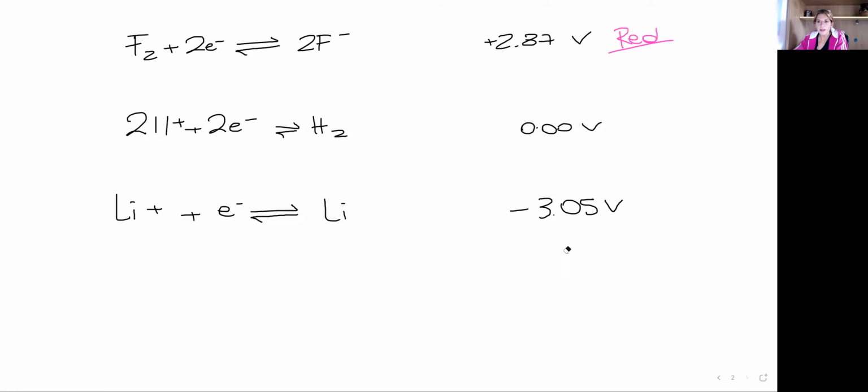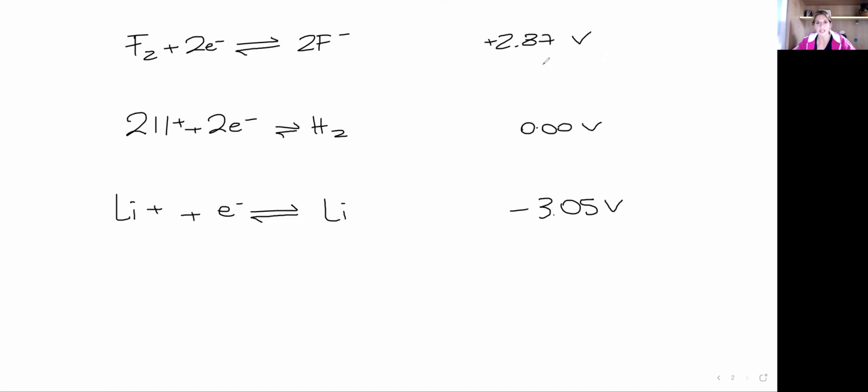I want you to think about the concept of reducing and oxidizing agents. Of course, it's always relative to two elements reacting together. So if fluorine is very positive, as we said, it's more likely to be reduced. Guess if it's a stronger or weaker reducing or oxidizing agent.